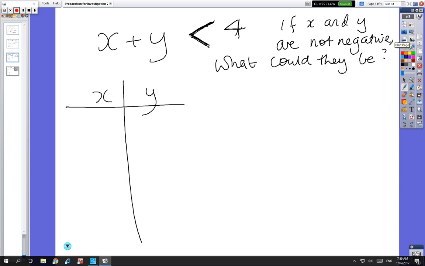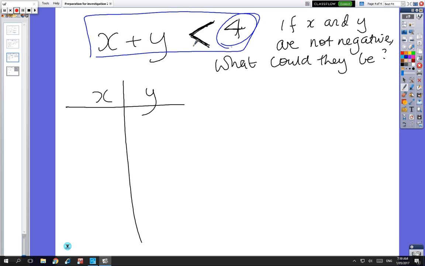What's probably more interesting is when you're limited to a number because it's a less than sign. So for instance, if you can't have negative numbers, if x was 1, what's the biggest y could be? And the answer is it can only be 2. If you put 3, 1 plus 3 is 4, but 4 is equal to 4, not less than 4, so the biggest number would be 2.